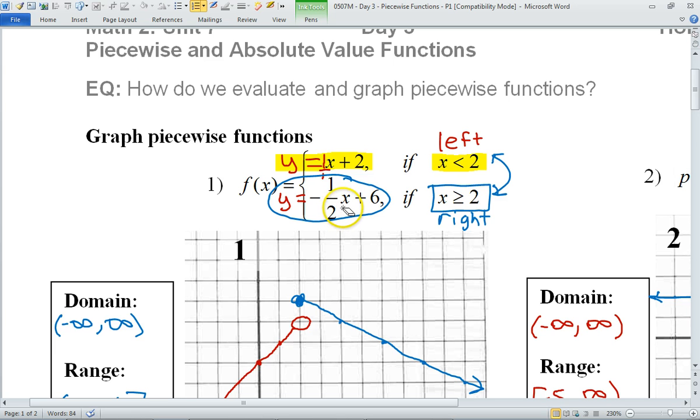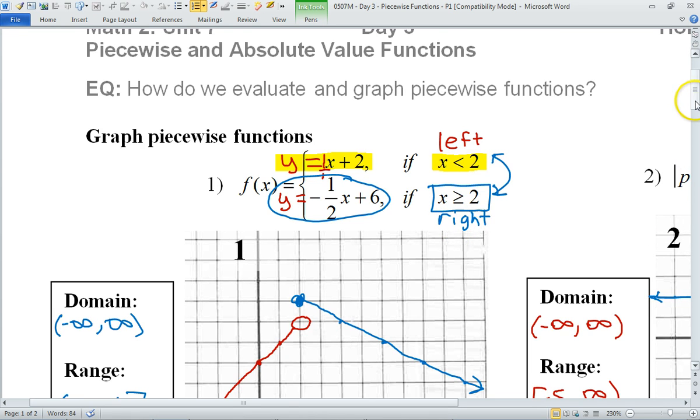Do not give me two answers. That's a common mistake that kids will make. One answer only. So it's a matter of knowing which one of these I'm going to use. If the x value is less than 2, I'm going to use the top one. If the x value is greater than or equal to 2, then I'm going to use the bottom one. That's what I'm going to go by, these little statements on the right.